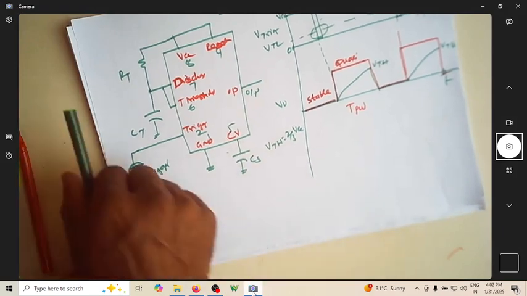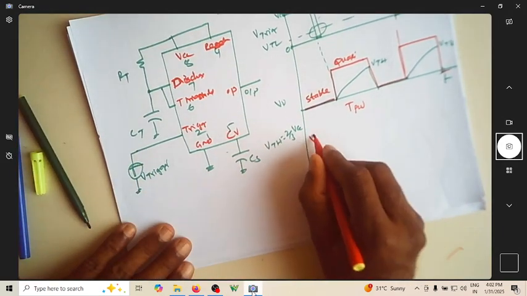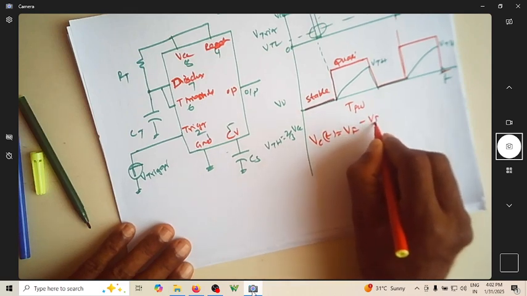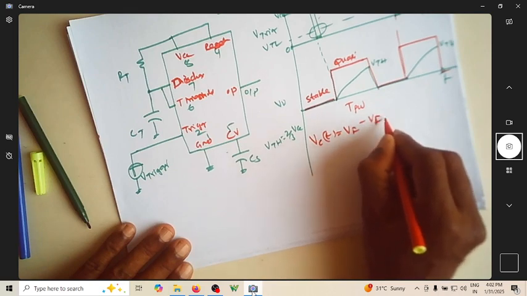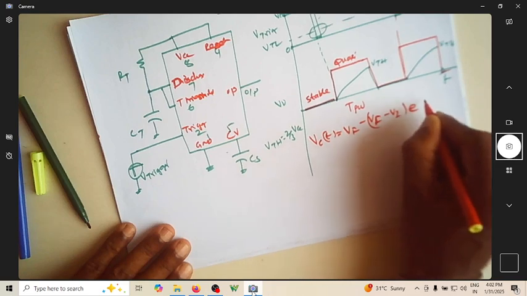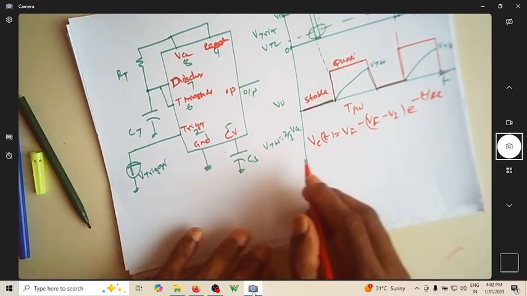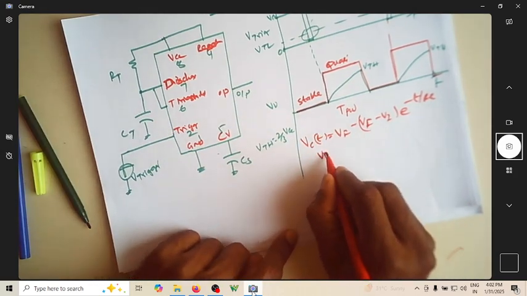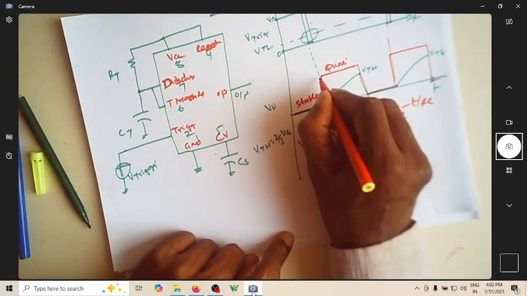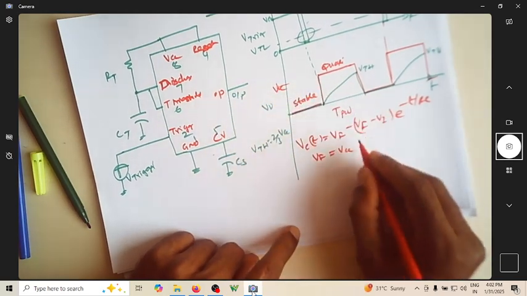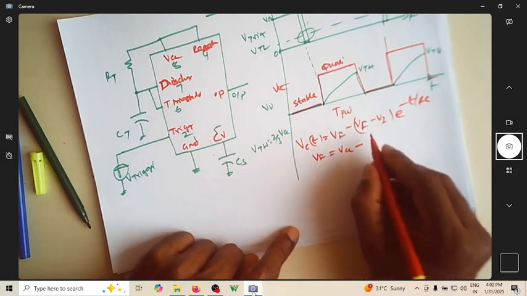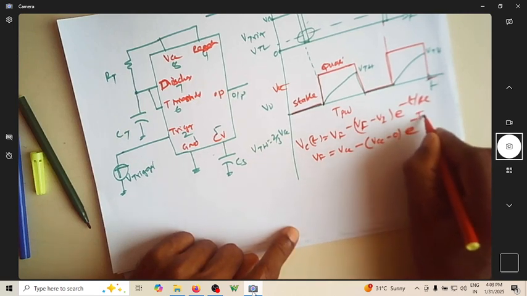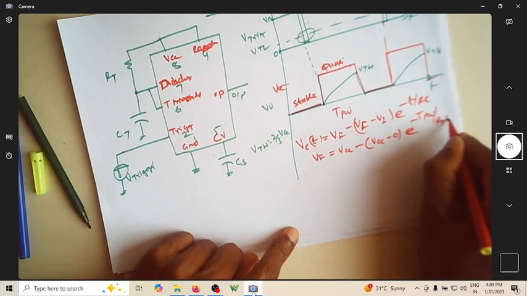So you again have the same expression: Vc(t) equals V final minus V initial, e to the power minus t by RC. So what are R and C? R and C are this RT and CT. V final is VCC, that's this voltage VCC. V initial is 0, so it is VCC minus 0 times e to the power minus t pulse width by RTCT.